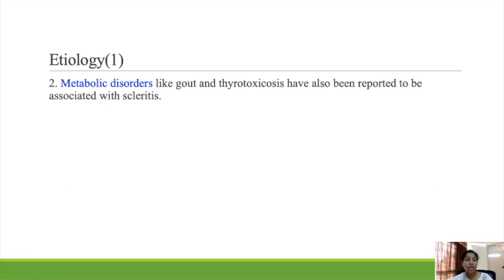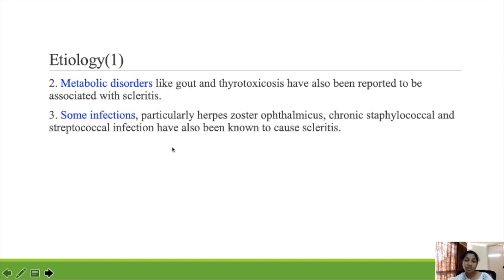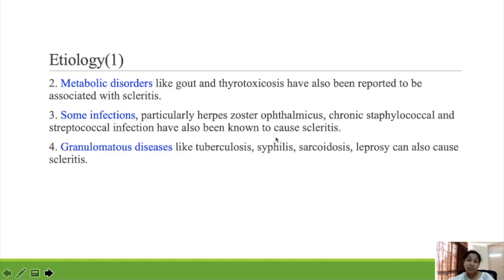Next come the metabolic disorders, like gout and thyrotoxicosis, which may also cause scleritis. Some infections, herpes zoster ophthalmicus, and chronic staphylococcal and streptococcal infection may also lead to scleritis.